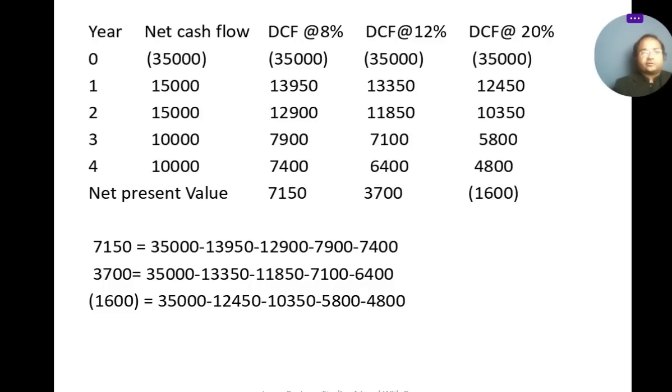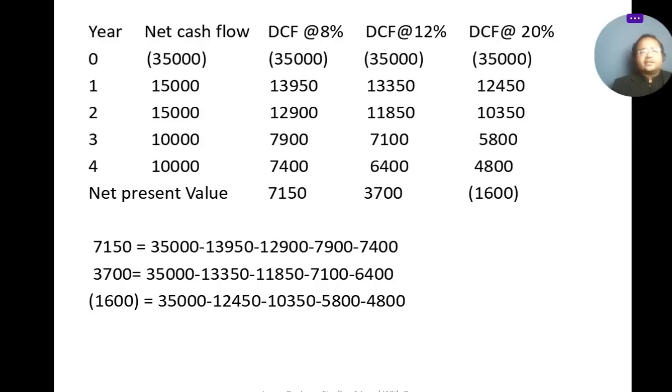So at year 0, initially you invest 30,000, and in year one you get a cash flow of 15,000. At a discount rate of 8%, the discounted cash flow is 13,950. At 12%, it is 13,350. At 20%, the discounted cash flow is 12,450.